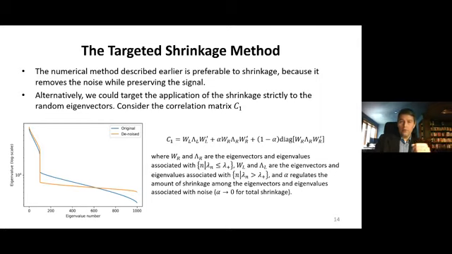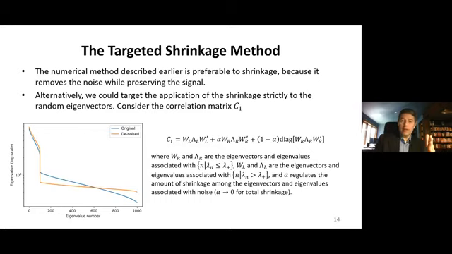If you recall from a few slides ago, we said that Marchenko-Pastur allows us to separate eigenvalues associated with signal from eigenvalues associated with noise. And that's great, because that means that we can treat numerically only the eigenvalues that need to be treated.